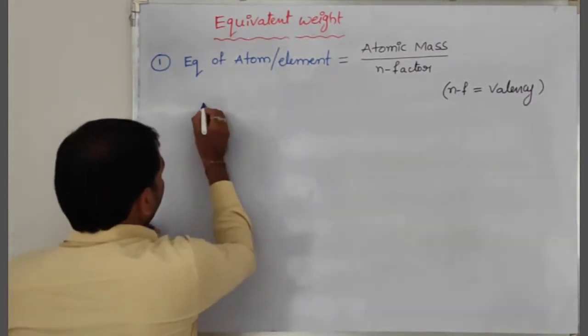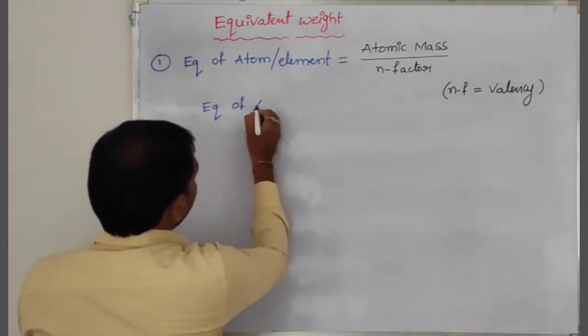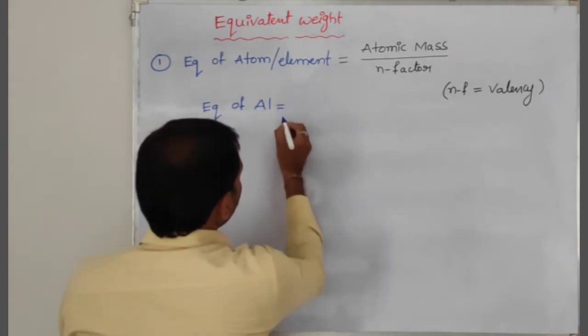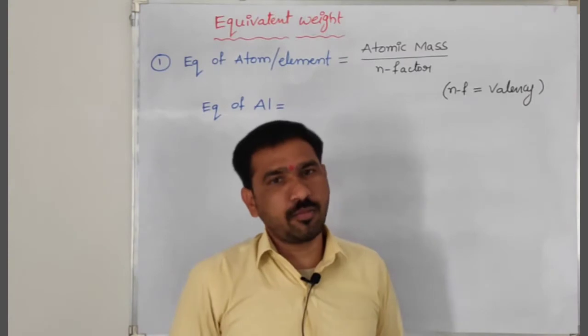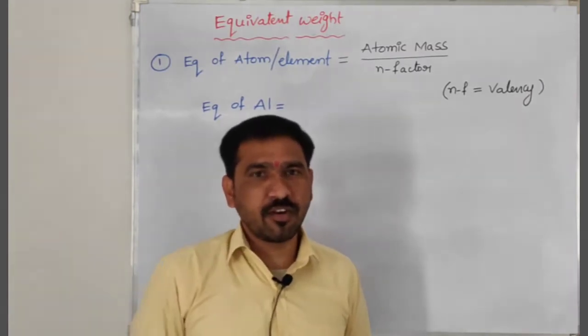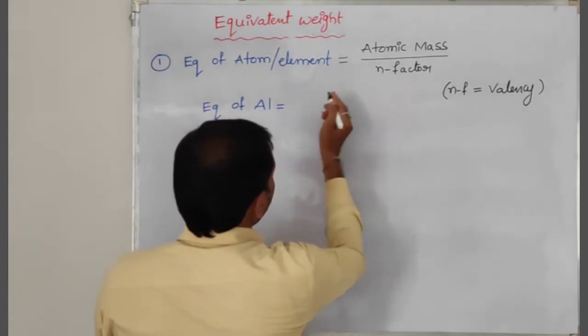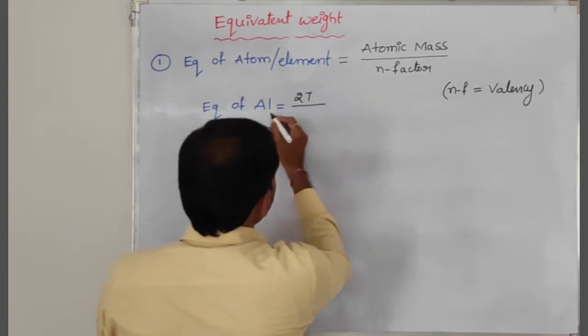So here, equivalent weight of aluminium is equal to atomic weight of aluminium divided by n factor of aluminium. Then what is the n factor of aluminium? Beta, here the atomic mass of aluminium is 27 divided by n factor.